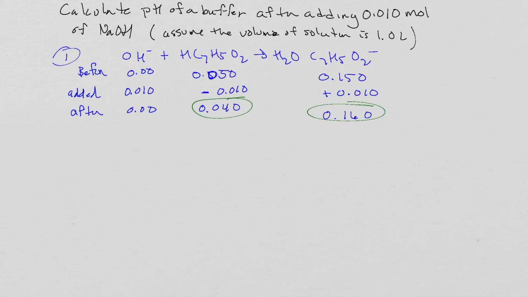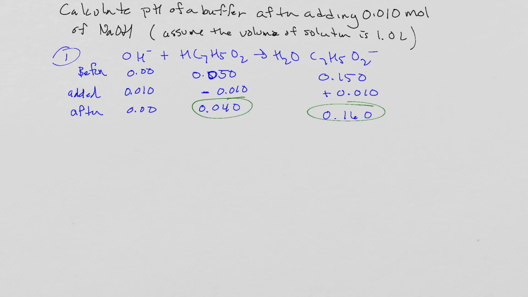Now, one of the reasons that makes it nice here is because we're assuming 1 liter, the moles and the molarity are going to be the same, because we can convert to molarity by dividing by the volume, 1 liter. And so that's why a lot of these problems will just assume a 1 liter volume.